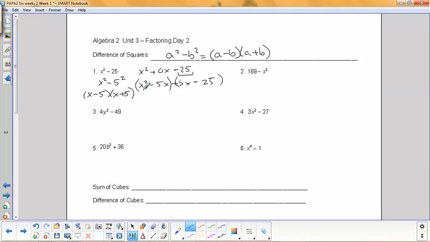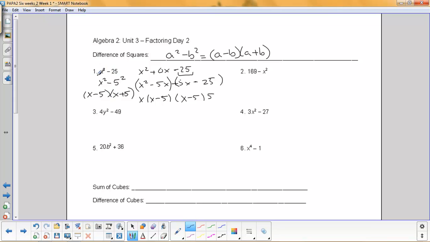Four-term grouping, factor out x and you get x minus 5. Factor out the 5 and you get x minus 5 for the 5. So you can see how the actual factoring backs up the shortcut.